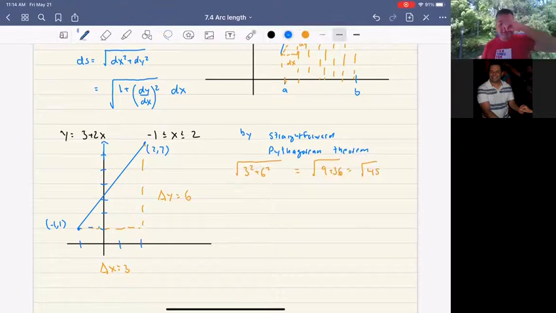Okay, but we can still use the same formula if you really want to. The integral from -1 to 2 of the square root of 1 plus dy/dx squared, in this case dy/dx is 2.